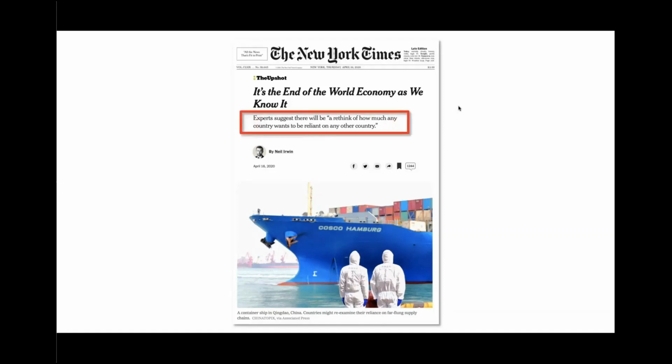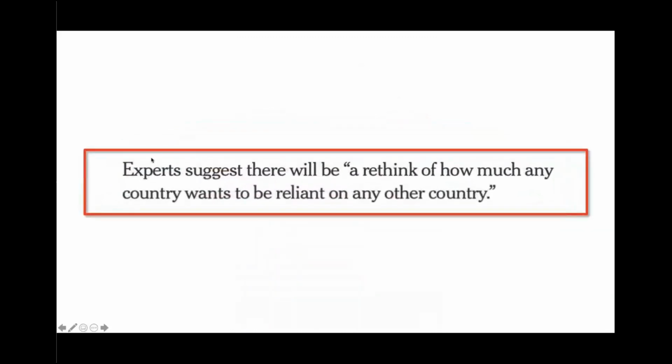And this has led some people in the United States to wonder whether we need to become less dependent on the rest of the world. And so experts are wondering whether we need to rethink how much any country wants to be reliant on any other country.